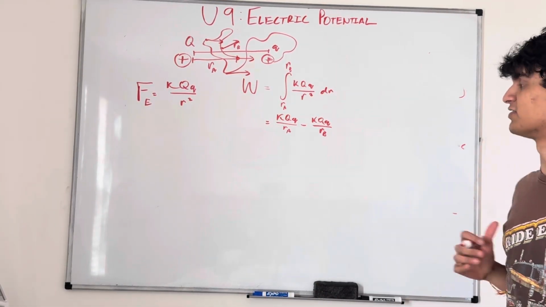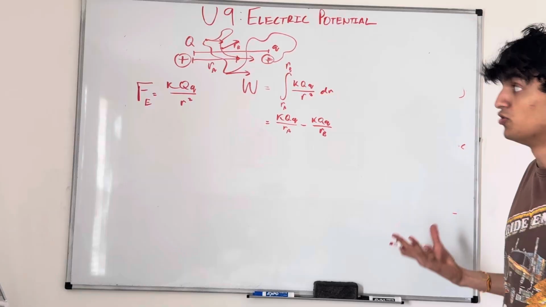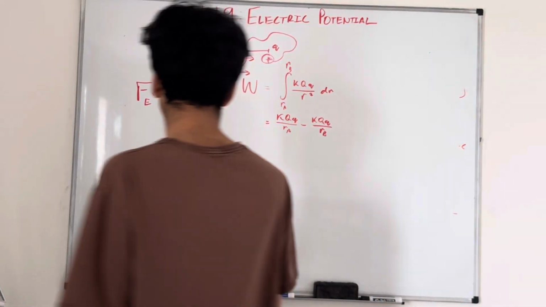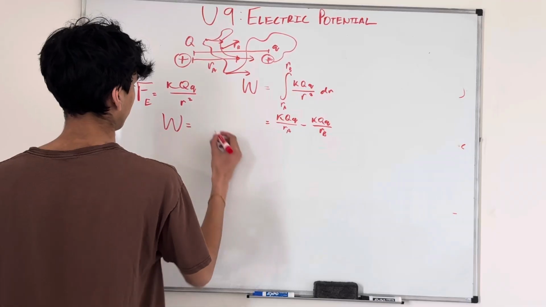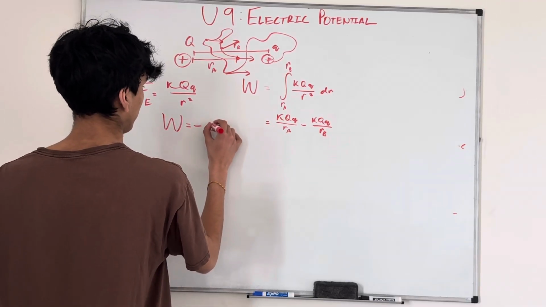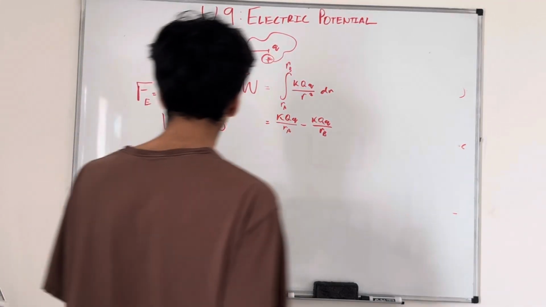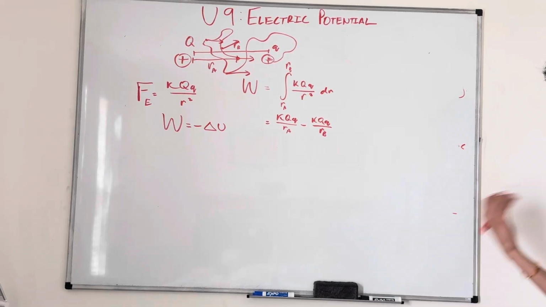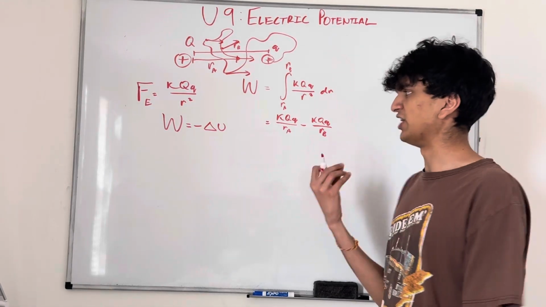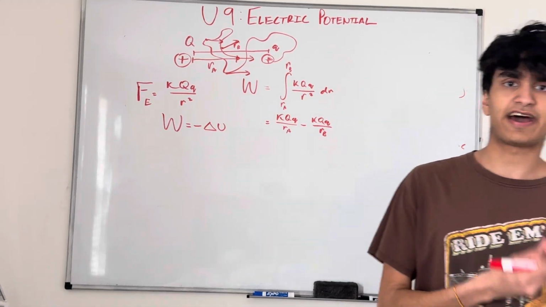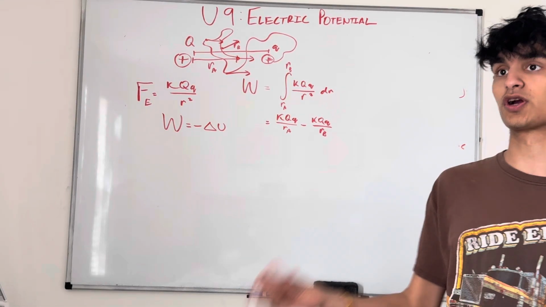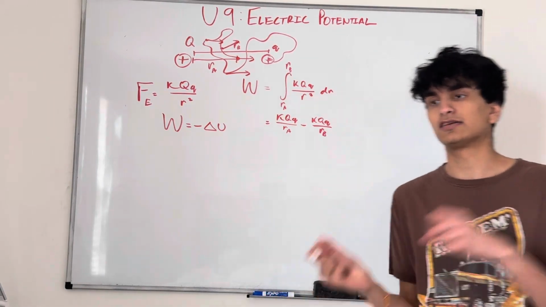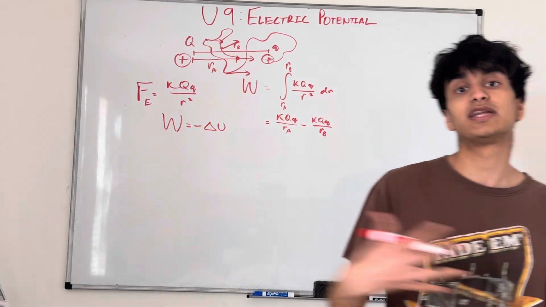Point is, it's a conservative force, and what we can do with that is say that the work done by any conservative force is always going to equal negative change in U. What this equation is saying is that if you have a conservative force, its work done can be the same as a potential energy.